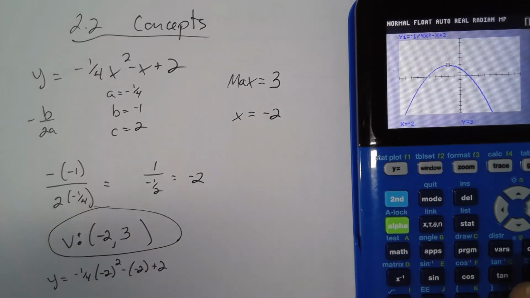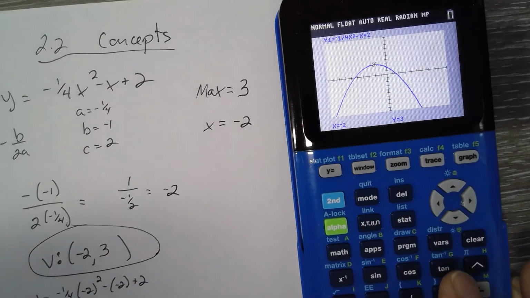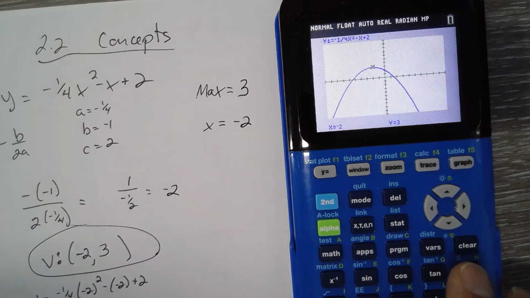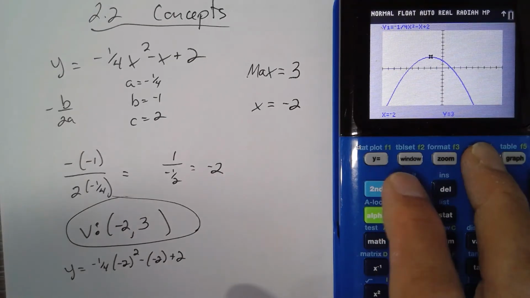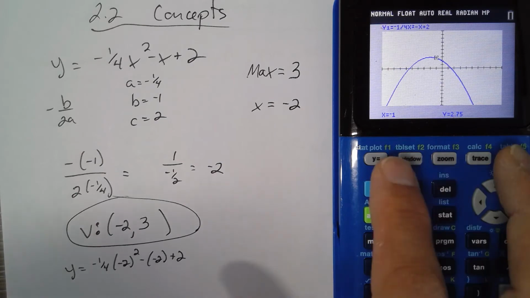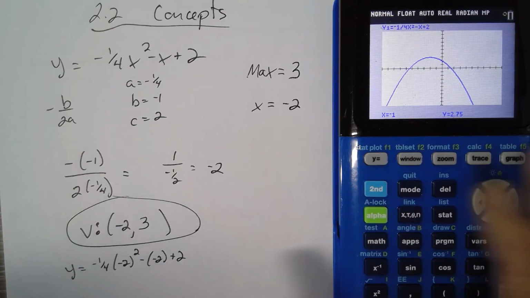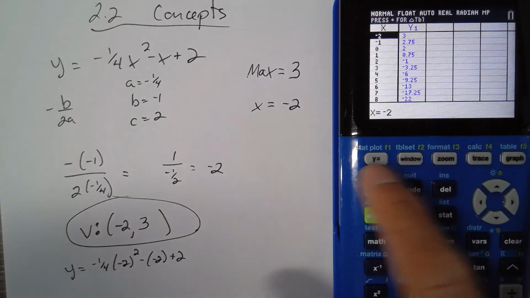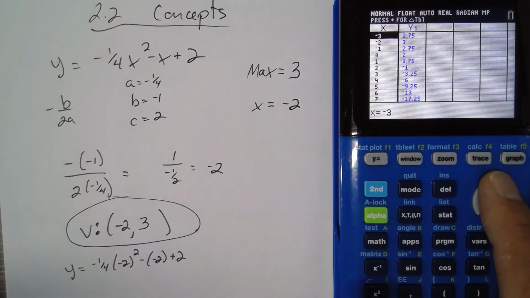Some other things with the calculator. If you have to create a table, you could go calculate value negative 1, and you get your answer, and calculate value negative 2, and so on. Or you could just go to table right here, second table, and here's a whole bunch of values.